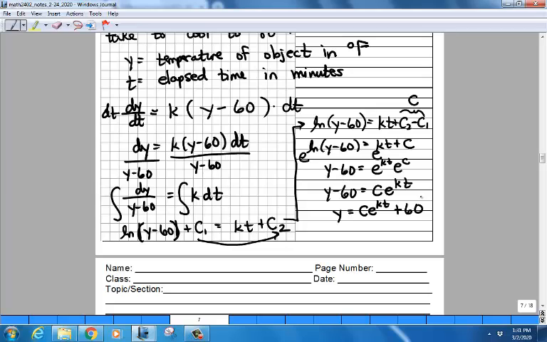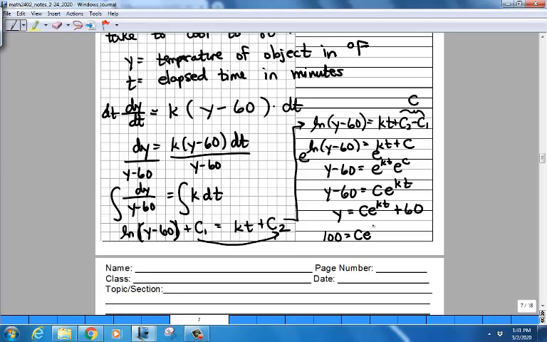So you're thinking C is going to be 100, but that's not quite the case here. Close, but not quite. So we know that when t is 0, the temperature of the object is 100.